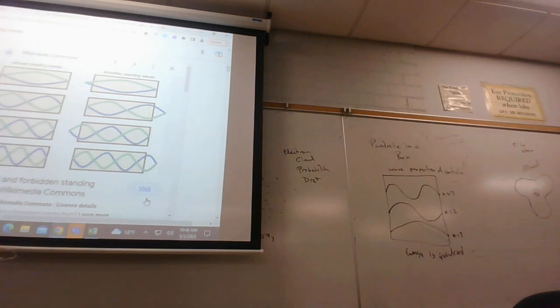Eventually, actually I didn't draw this quite right, but eventually the wave cancels itself out. And so destructive interference is where the wave cancels, and it's forbidden. We're not going to have this particular half wavelength. This would be constructive.